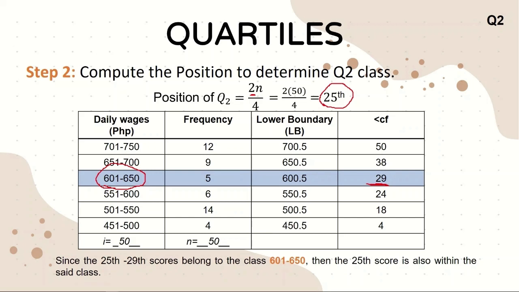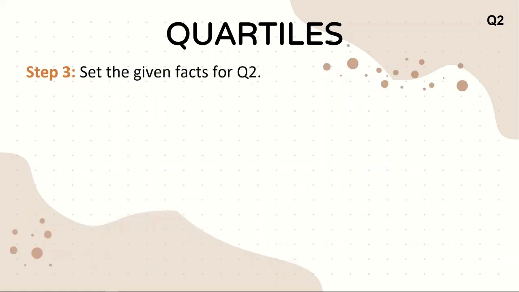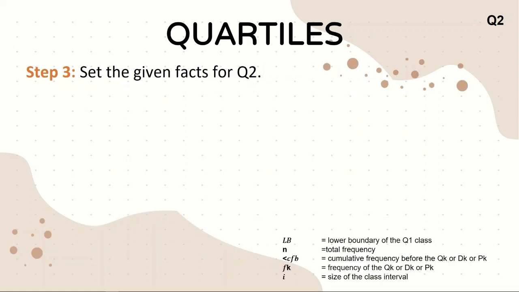Now for step 3, set the given facts for quartile 2: the lower boundary of the second quartile class, the total frequency, the cumulative frequency before quartile 2, the frequency of quartile 2, and the size of the class interval.